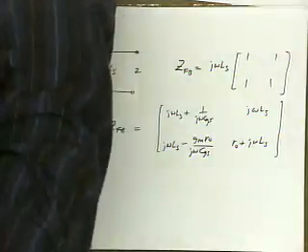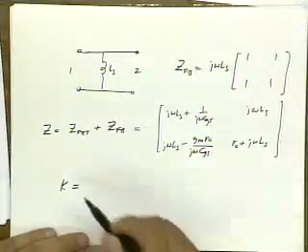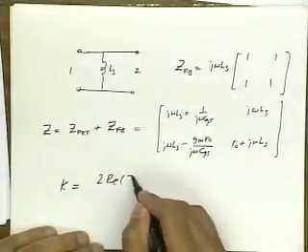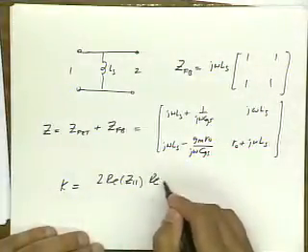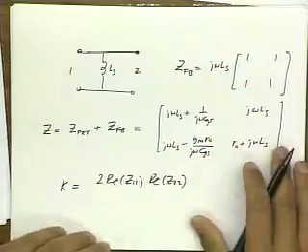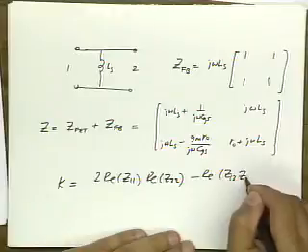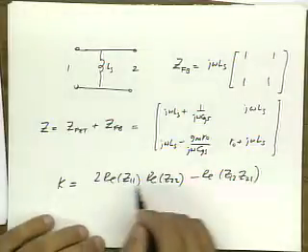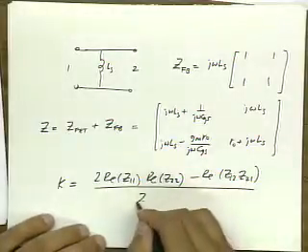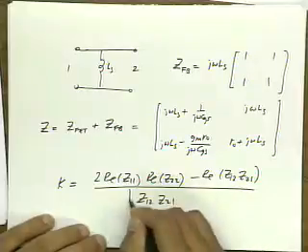So K is 2 times the real part of Z11, real part of Z22, minus the real part of Z12 Z21, divided by the magnitude of Z12 Z21.